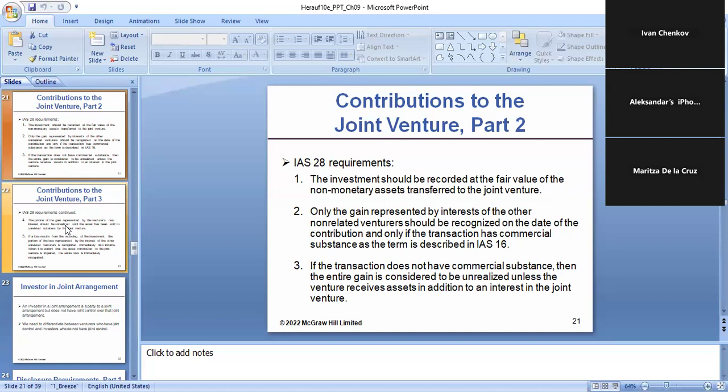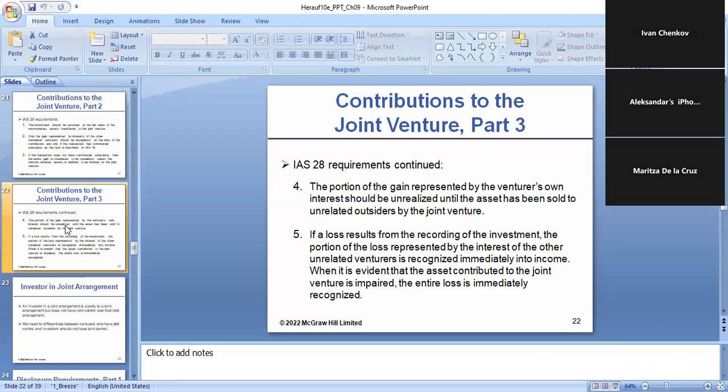The other requirement is that the portion of the gain represented by the venturer's own interest should be unrealized until the assets have been sold or realized outside to an unrelated party. And if a loss results from the recording of the investment, the portion of the loss represented by the interest of the unrelated venturers is recognized immediately in income.